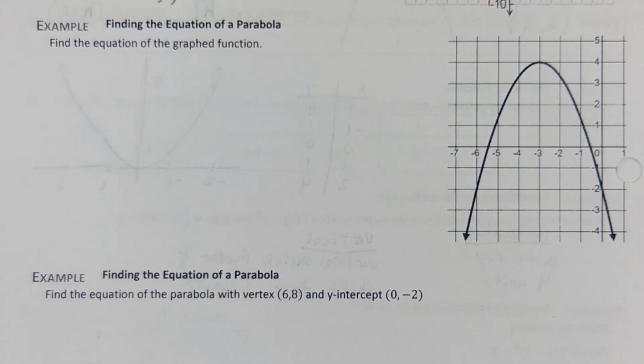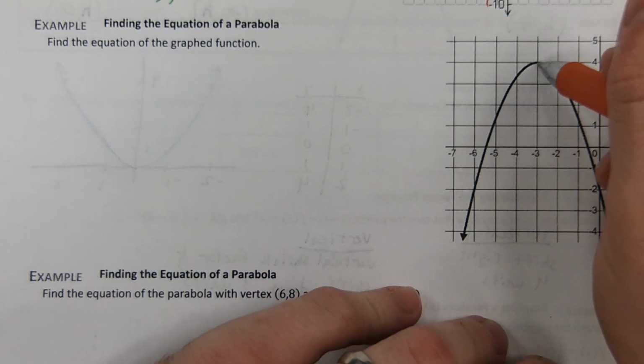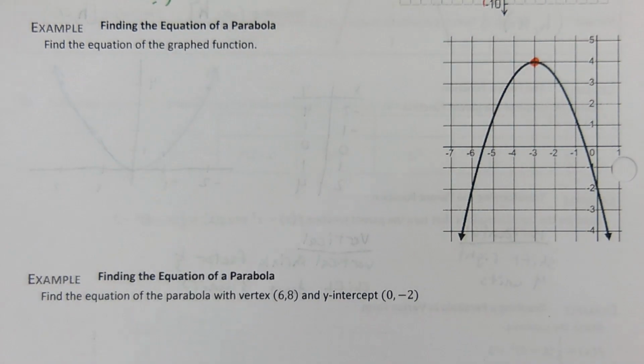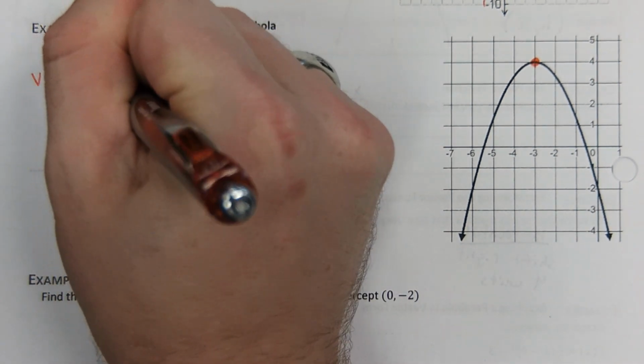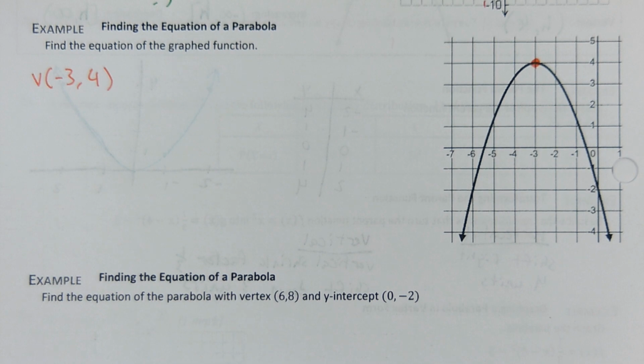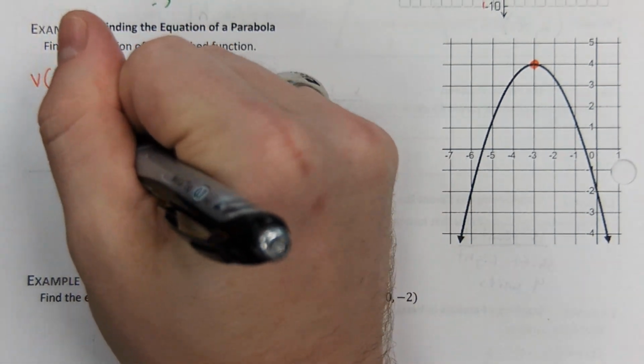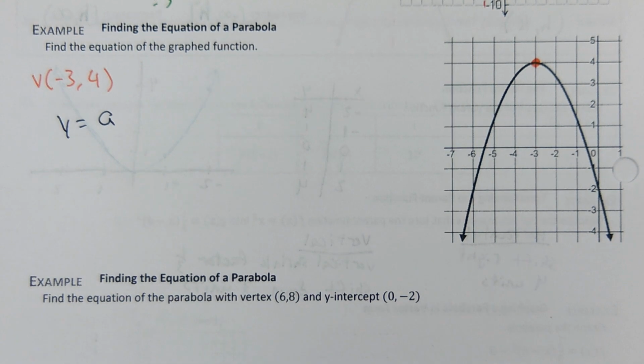What should I look for first? Vertex. It's hanging out right here at -3 comma 4. Let me tell you what we know so far. We know the equation is f of x, or y, equals unknown if it has an a value or not.